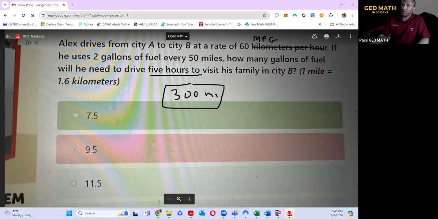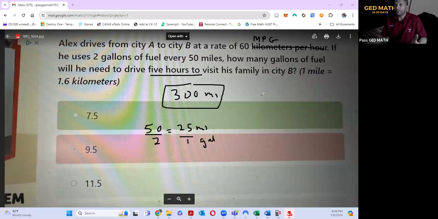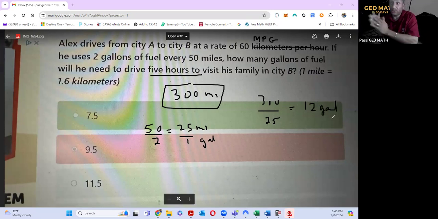It would take 2 gallons to drive 50 miles, so you still do the unit rate: 50 divided by 2 gives you 25 miles for every 1 gallon. You take the 300 and divide by 25. That's the type of GED question they would probably ask you.